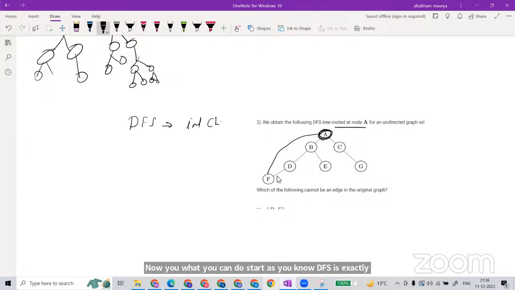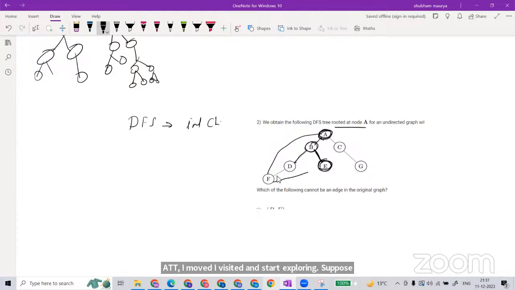You started from A, reach B, an unvisited vertex. From B you look for unvisited vertices, which is E, and A is already visited. Suppose I move to E.